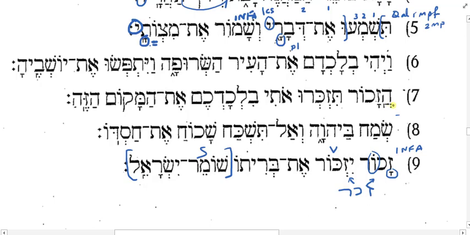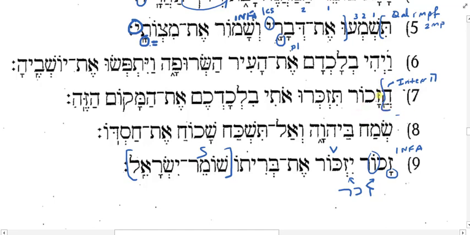Look at the vowel pointing on the ha. It's a patach and no dagesh forte in the first consonant that I've attached it to. So is this the article hey or the interrogative hey? Yeah, that is interrogative. It's interrogative hey. And so this is asking a yes-no question then, isn't it? So let's bracket that out for a minute.